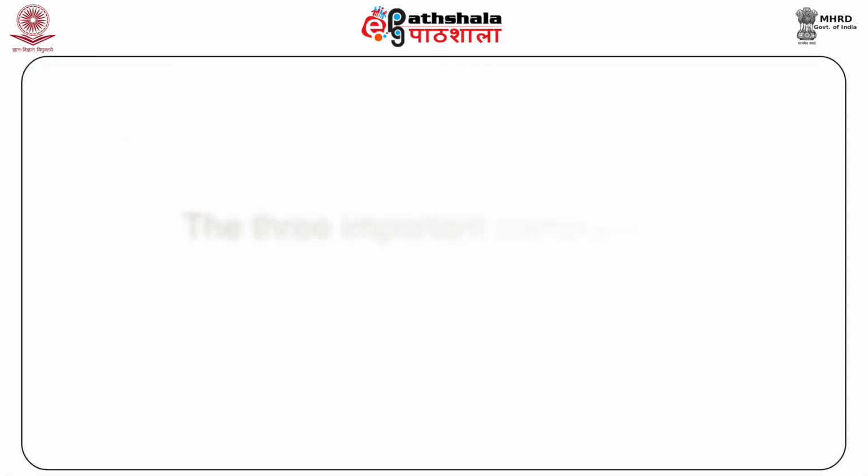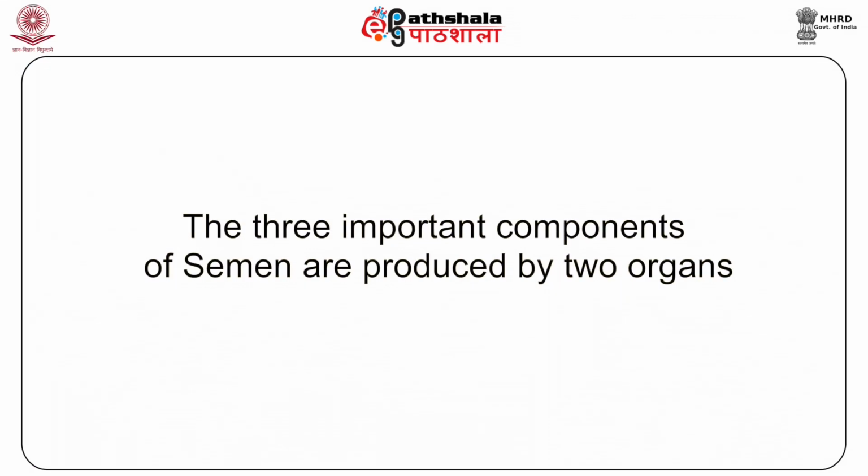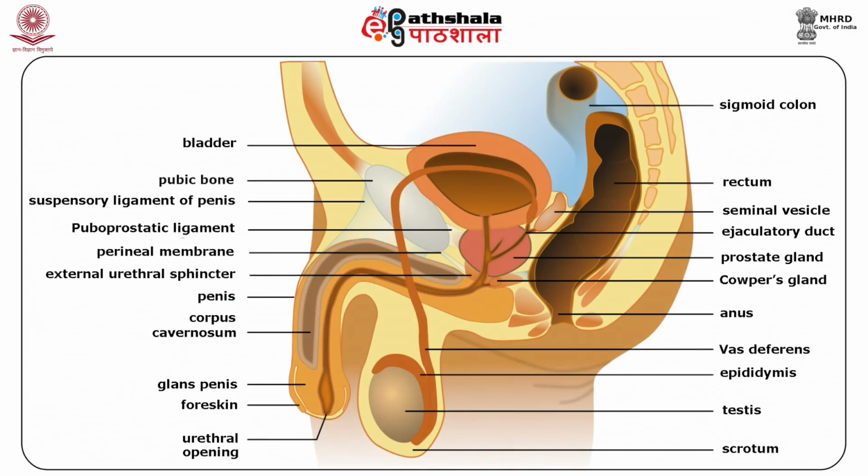Each of these lobules contains a number of tiny coiled tubules where the sperm are produced. Testosterone is produced in cells located in between the lobules. The three major important components of semen are produced by the two organs.